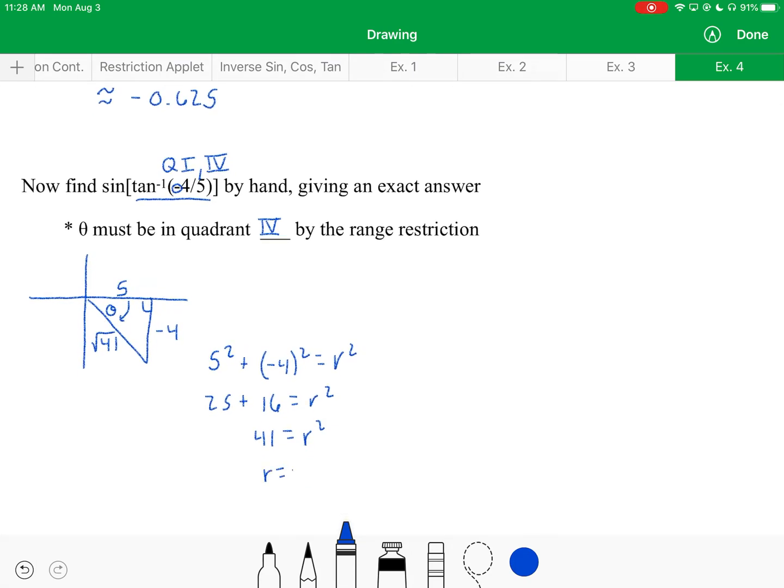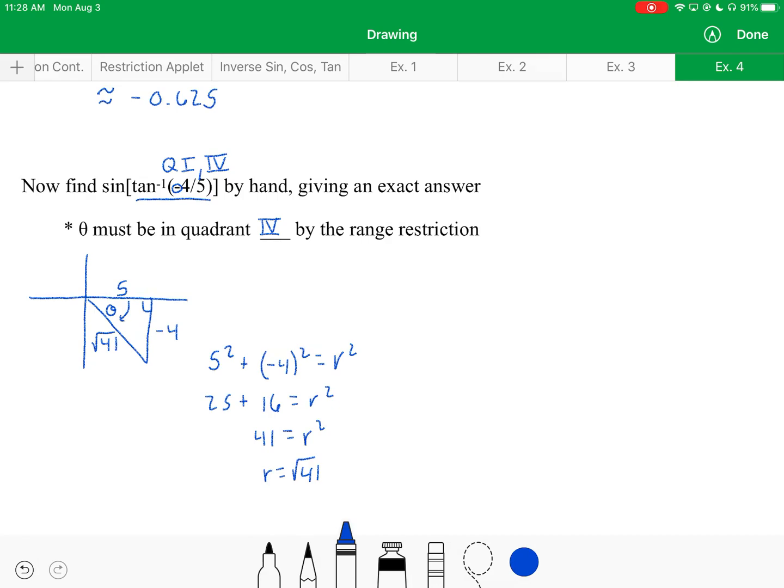There we go. All right, so clearly this is not a special right triangle here. You can't tell me what the value of theta is in exact form. The best you could do is use a calculator. But we're told we want to do this by hand.